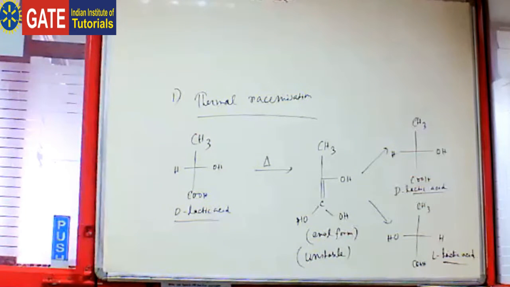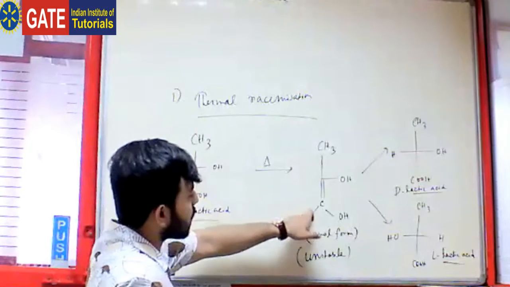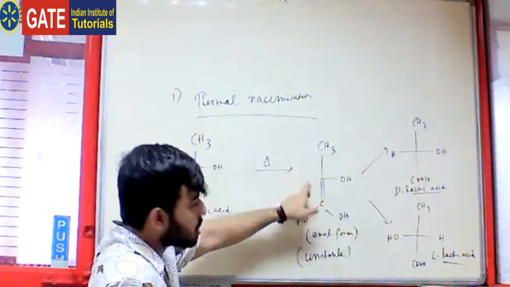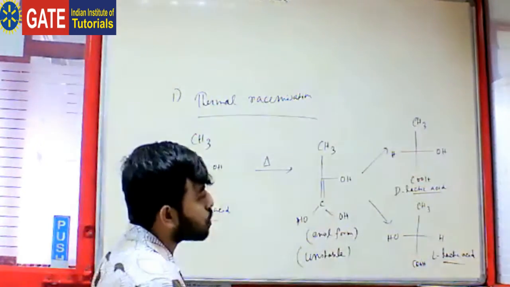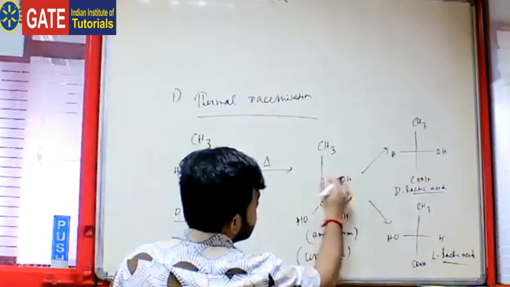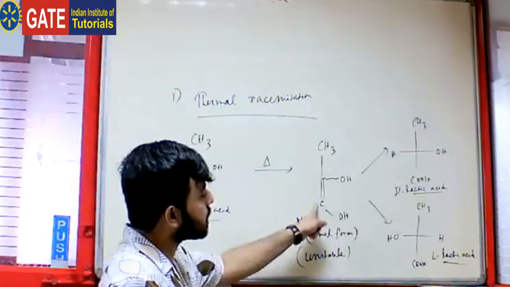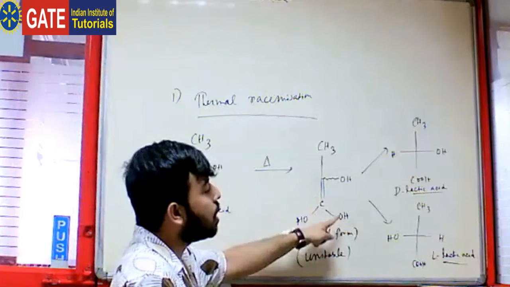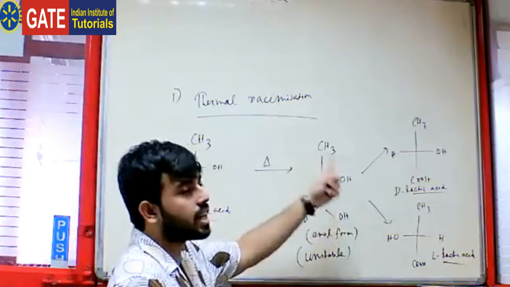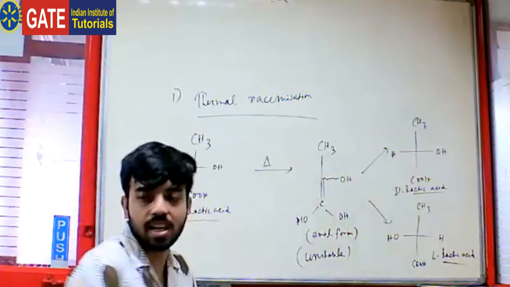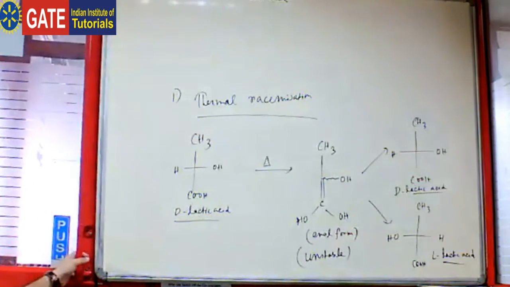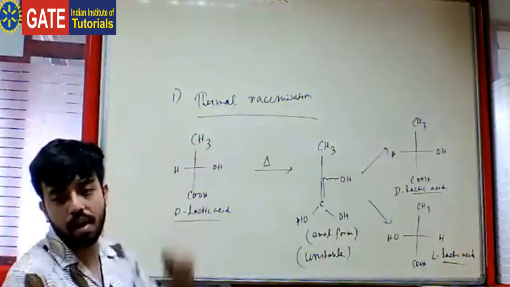Again this hydrogen can come back to this, it can take hydrogen, or it can go like this, and here it can take hydrogen. So this OH will come to this side. So this is an example of thermal racemization.